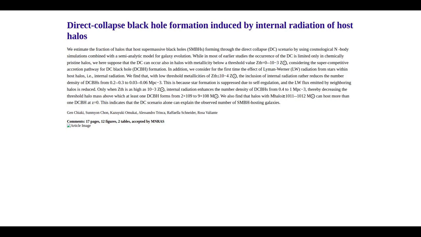This is because star formation is suppressed due to self-regulation, and the LW flux emitted by neighboring halos is reduced. Only when Z_TH is as high as 10⁻⁵ Z☉, internal radiation enhances the number density of DCBHs from 0.4 to 1 Mpc⁻³, thereby decreasing the threshold halo mass above which at least one DCBH forms from 2×10⁹ to 9×10⁸ M☉.